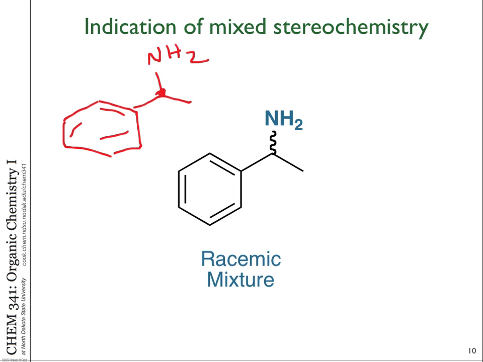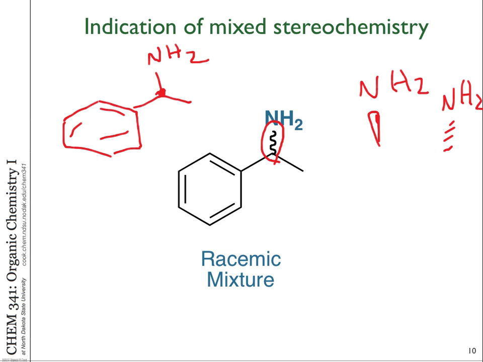If you want to indicate a stereocenter as a racemic mixture, rather than having to write both of them, one with a bold line and one with a dashed line, what we do is we use a squiggled bond. That squiggle means we have a 50-50 mixture of the two. One of them is up and one of them is down.